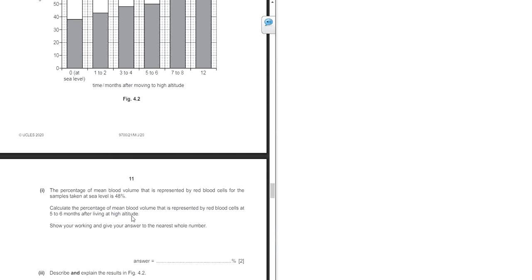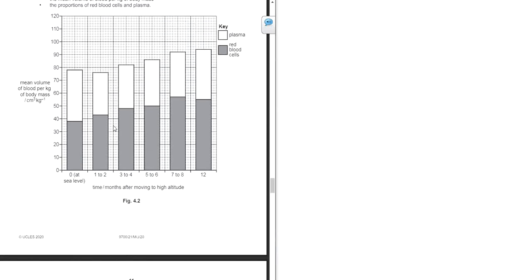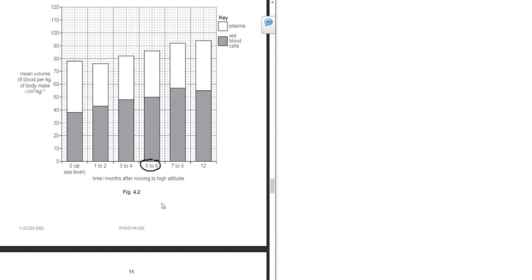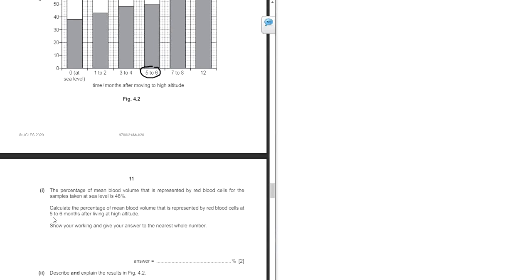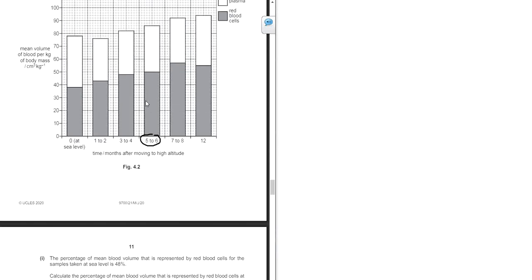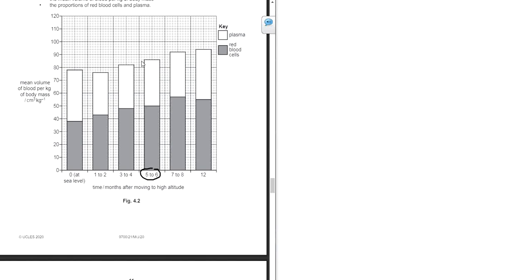So let's have a look at the graph. 5 to 6 months, this is what we're looking at here. And we have to check the total volume of blood that is right here. We have steps of 2: 82, 84, 86.